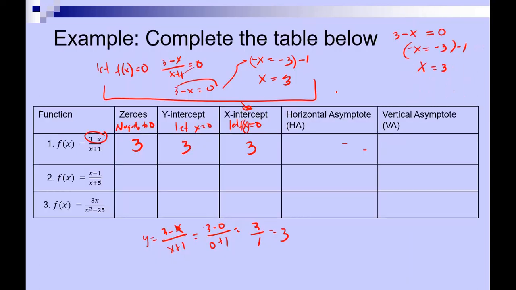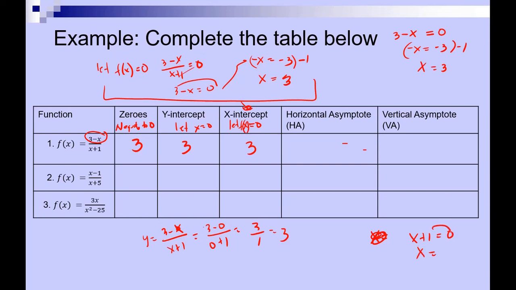So, a vertical asymptote is the value that makes the denominator 0 but does not make the numerator 0. Again, what makes the denominator expression 0 but not the numerator? So, we equate the denominator to 0: x plus 1 equals 0.